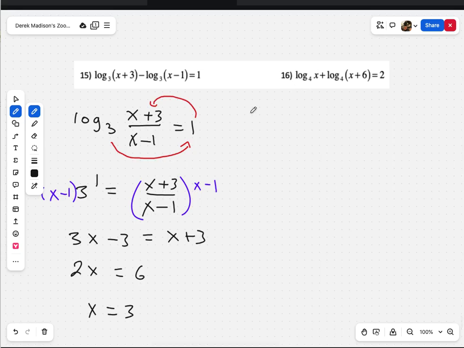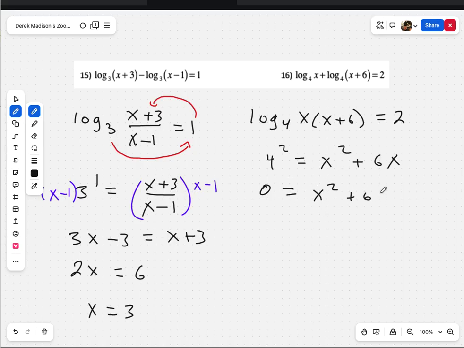Last one, we have log base 4 of x times x plus 6 equals 2. So 4 raised to the second equals this. I'll go ahead and FOIL that out while I'm here, or distribute. And then this would be 16, and since it's quadratic, I need to get it to 0, so I'm going to write 0 equals x squared plus 6x, and then that would be a minus 16 on that side.